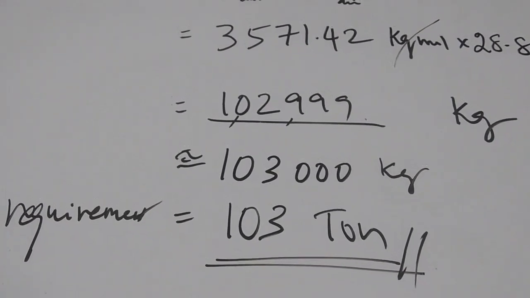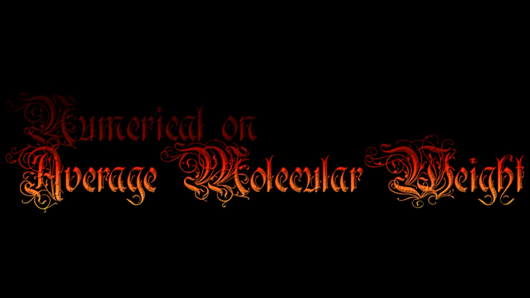Okay, in this lecture we have seen what the definition of average molecular weight is, what the formula is, how to determine average molecular weight, and we have done some numericals on average molecular weight determination, right? How to determine average molecular weight in 2 ways.